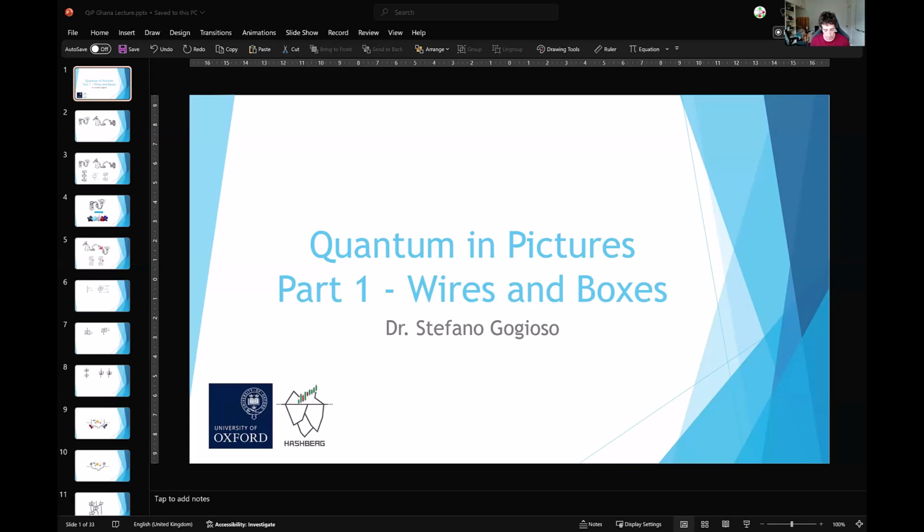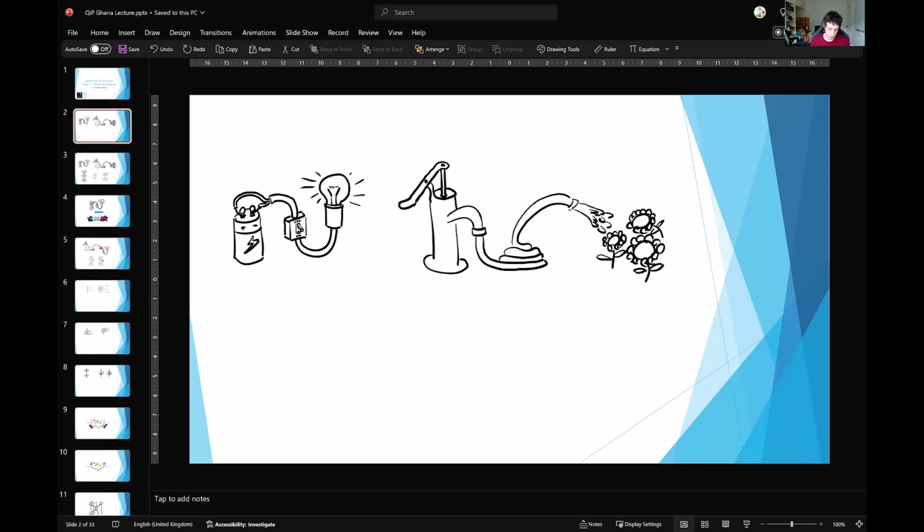The main idea is that instead of talking about linear algebra or vectors, matrices, operators, some of you may be familiar with some of these terms, hopefully. Some of you may not, in which case, bear with me.